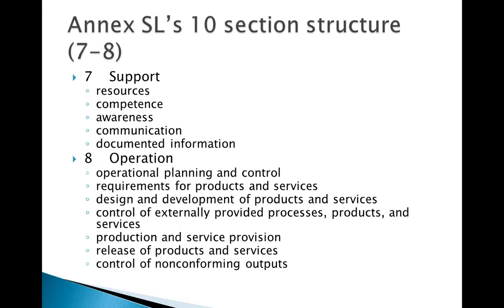In Section 7, we have support. In Section 7, we have a number of things that all go to supporting the quality system. Things like competency and communication are here. There's a new term called documented information. This is replacing former references to documents and procedures and records.